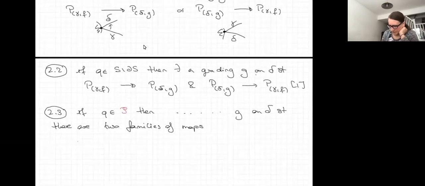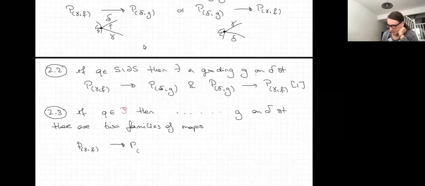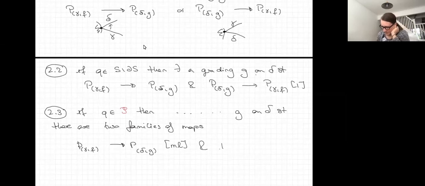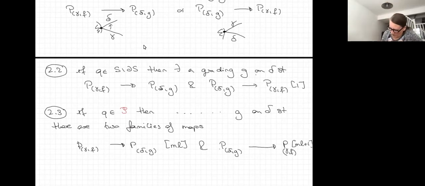Namely, we get a map from P gamma F to P delta G, and we shift it by ML, and I will say what ML is in a moment. And we also get a map from P delta G to P gamma F, where we have ML plus 1. So it's similar to an intersection at the interior.